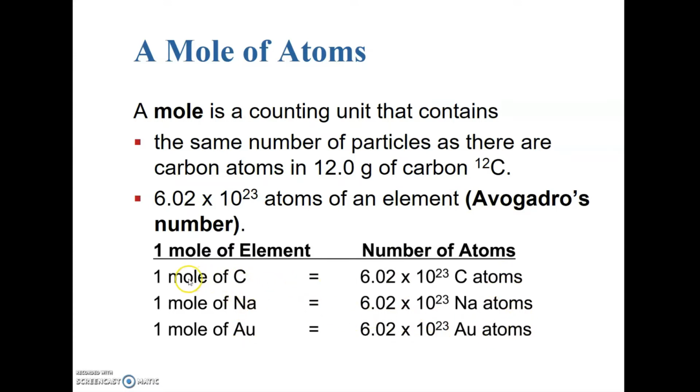So if we have 1 mole of carbon, we will have 6.02 times 10 to the power of 23 carbon atoms. If we have 1 mole of sodium, we have 6.02 times 10 to the power of 23 sodium atoms. If we have 1 mole of gold, then we have Avogadro's number of gold atoms. Now, if we end up having more than 1 mole, then that factor will be multiplied by this number.